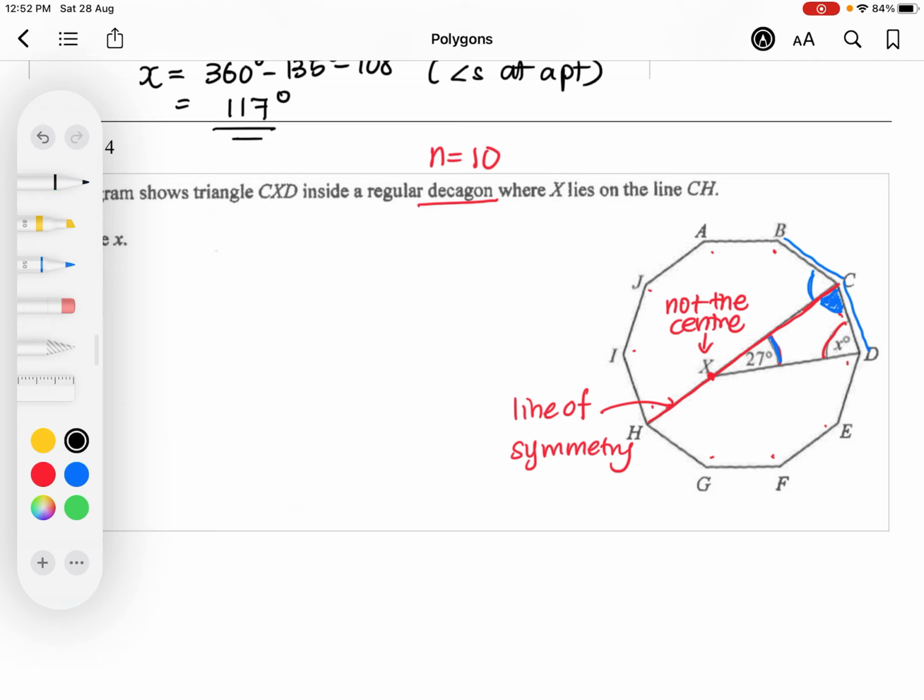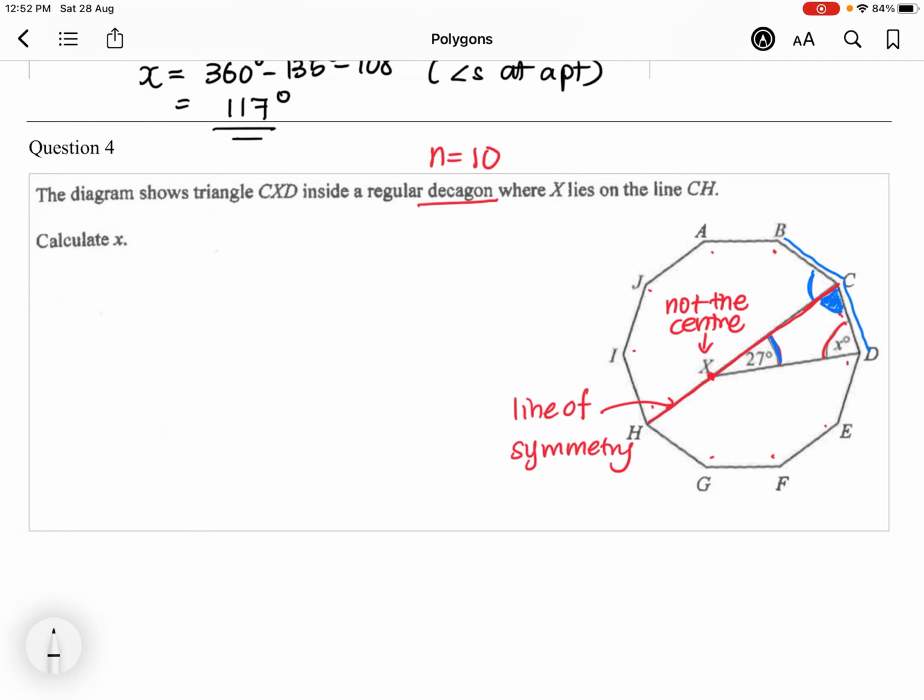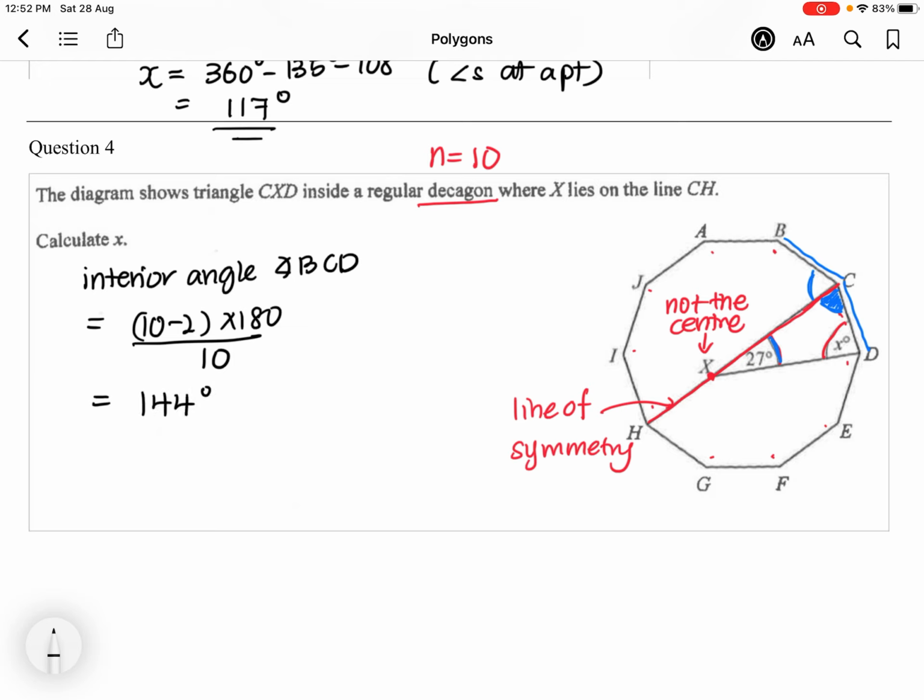So our objective now will be to find the interior angle of the polygon, and this angle is angle BCD. And we have a decagon, so it's 10 minus 2 times 180 divided by 10 sides. And that gives me the angle 144 degrees.